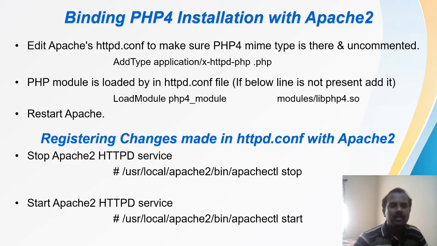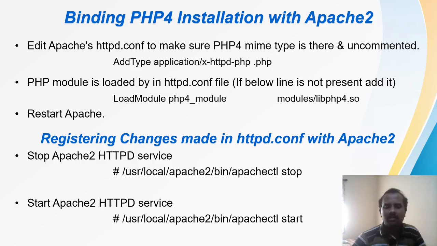Okay. Now next, the PHP module is loaded by the httpd.conf file. Again you have to check whether the below line is present or not, that is LoadModule php4_module modules/libphp4.so. Check whether that module is present or not.